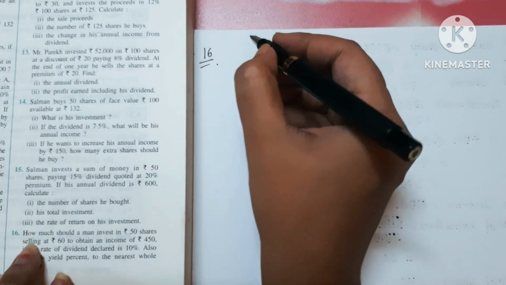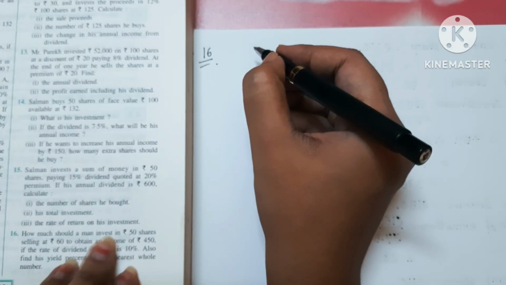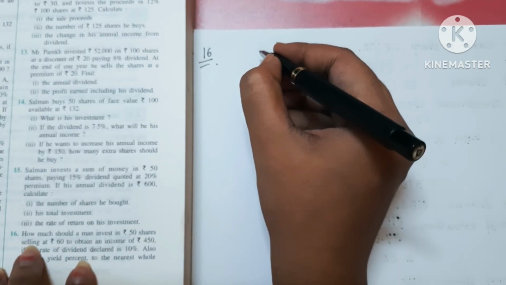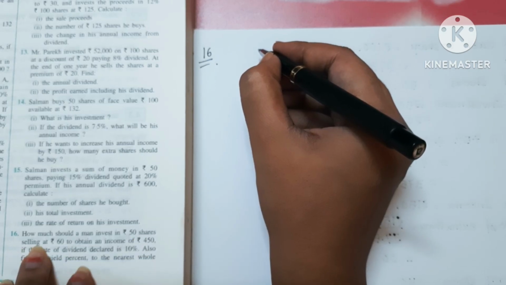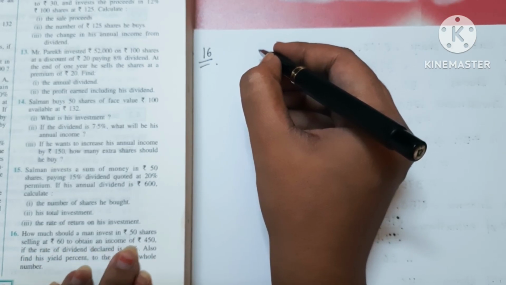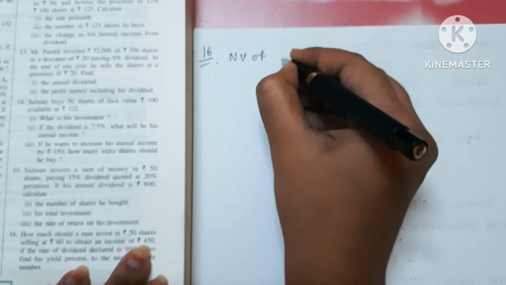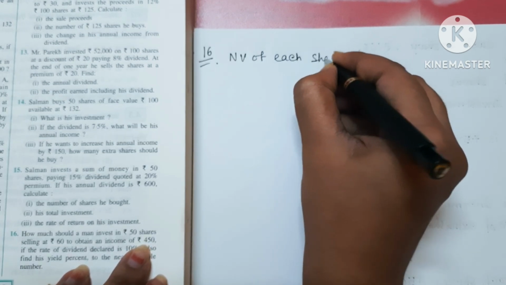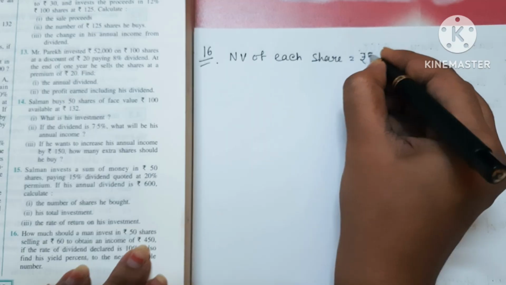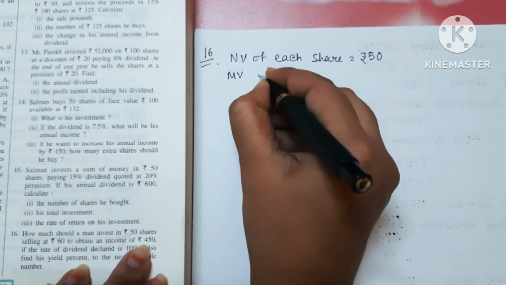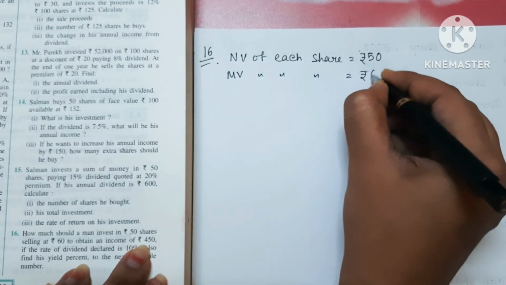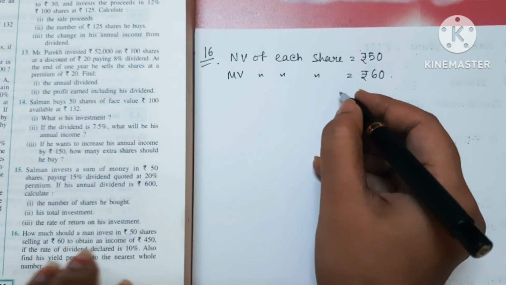Now see the last question, how much should a man invest in rupees 50 shares selling at rupees 60 to obtain an income, this one. Okay. So nominal value of each share rupees 50, market value of each share, that is rupees 60, or selling price, whatever you can say.